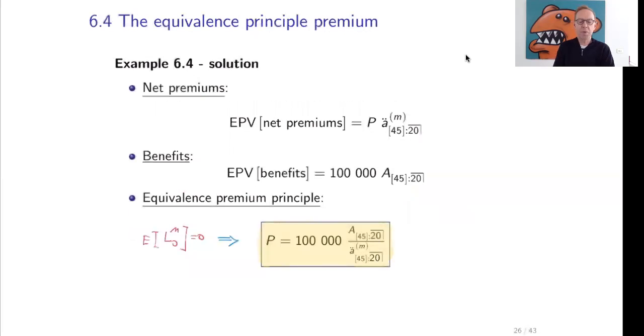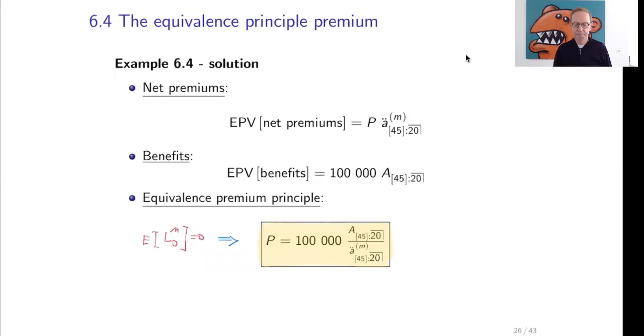Then we can calculate the net premiums. The expected present value of the net premiums is the actuarial value of the premium payments of the annuity, the term annuity for 20 years. The expected present value of the benefits is the actuarial value of the term insurance. The equivalence principle asks that the expectation of the loss at policy issue is 0, and this gives us the premium to be calculated.